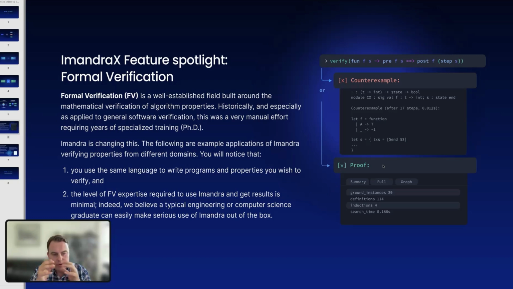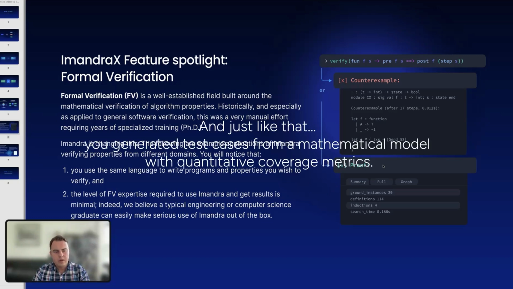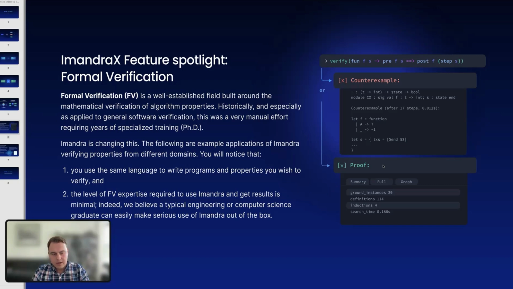When we're talking about formal verification, what we mean is taking a model that we wish to verify, for example source code that I'll show you in a second, and also a property that we wish to verify. Then the engine logically reasons whether this property is true or false. And if it's false, it comes back with a counterexample. So that's the first important feature.